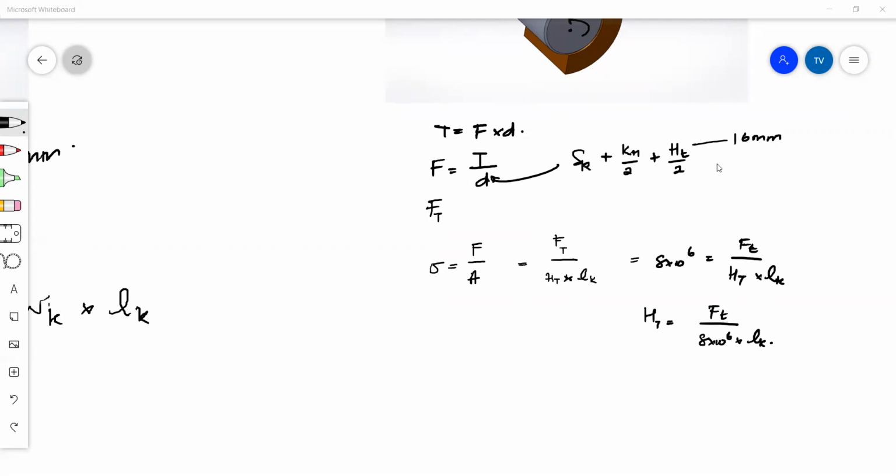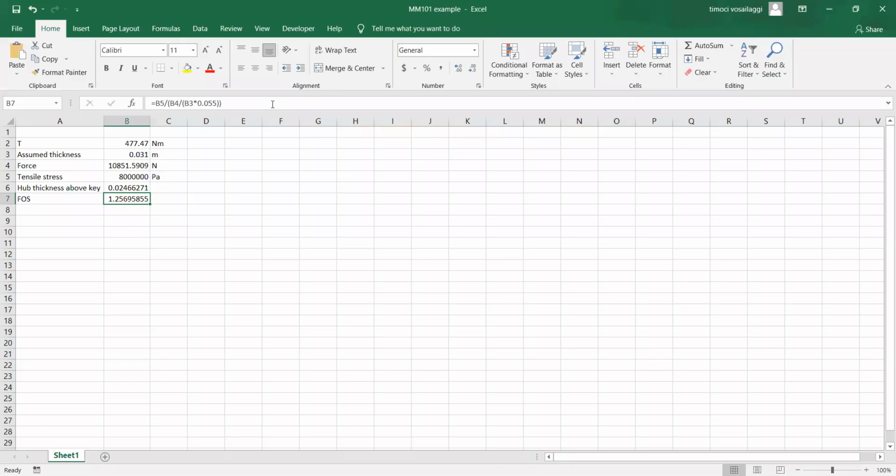You go back and forth until you reach an appropriate recommended thickness. Now I'll show you an Excel sheet which does this calculation for us.